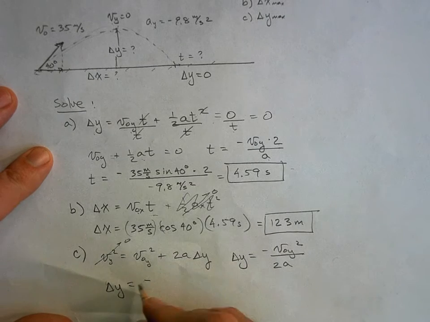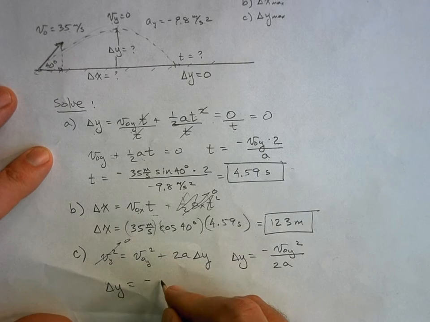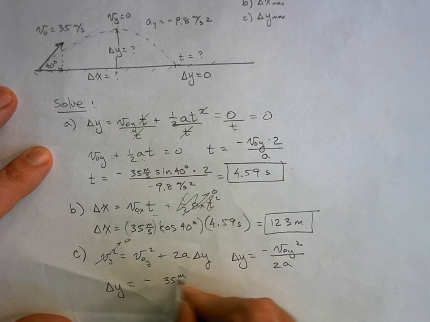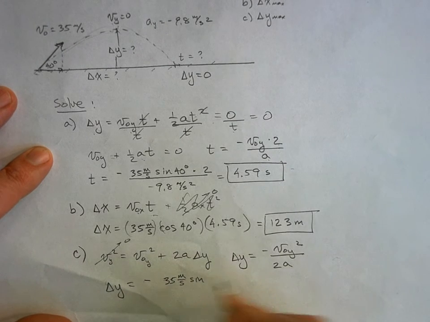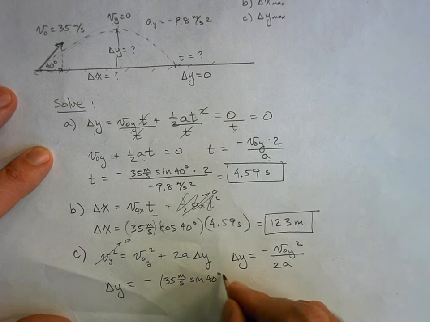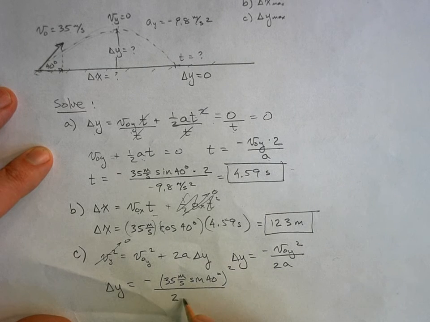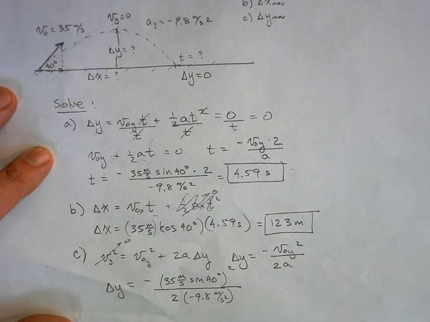Negative, and this negative doesn't get squared away by this. Well, that's going to be 35 meters per second times the sine of 40 degrees. That's v naught y. Then I got to remember to square it, and then divide it by 2, and then divide it by negative 9.8 meters per second squared, because that's my acceleration in the y direction.